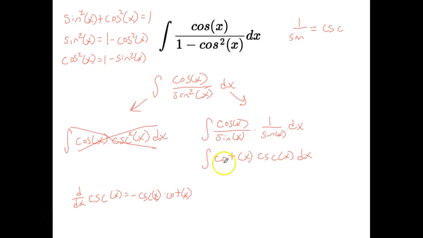So I know the integral of cotangent times cosecant, which I have here, is cosecant. Except here I have a minus here, right? And I don't have a minus here. So that means that's no big deal. I can just switch the negative sign onto the other side. So the integral of this is equal to that. So it'll be negative cosecant of x plus c. And that's the answer.